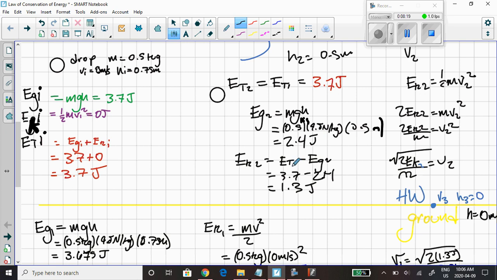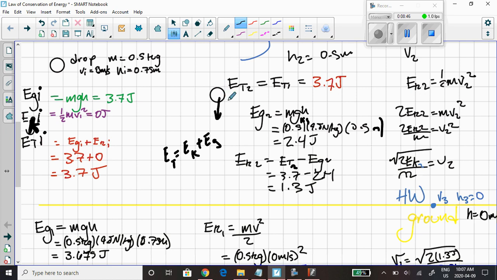Next, we can use this equation right here. Let me rewrite it for you. That total energy is equal to kinetic energy plus gravitational potential energy. We can use this equation to calculate what the kinetic energy of the object is right here, because it's falling. It's got a certain velocity.